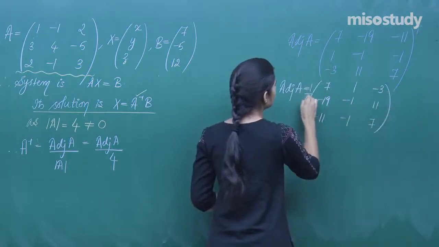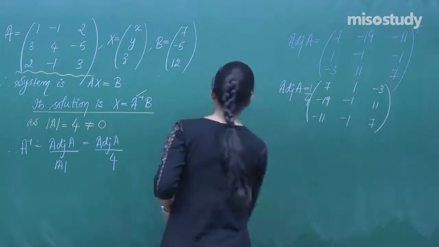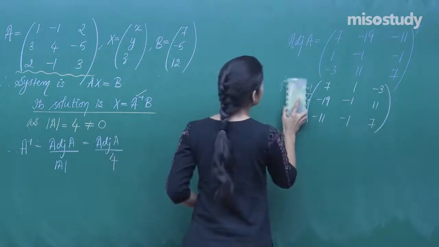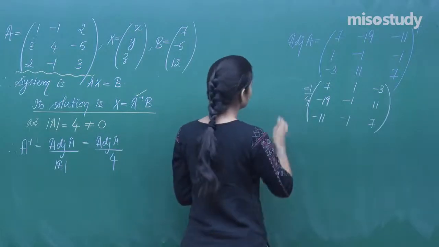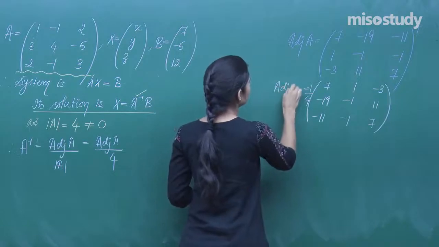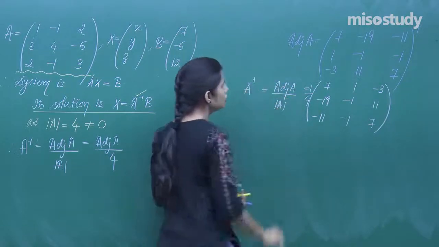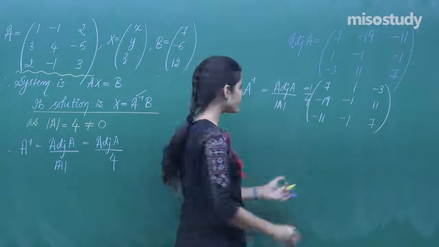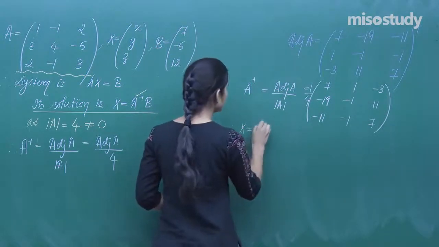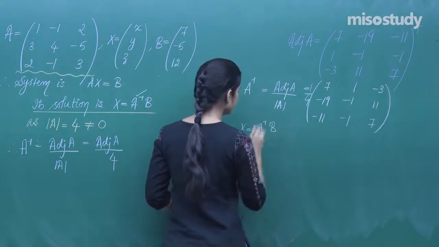And when you write 1 by 4 over here, this becomes the adjoint of A upon the determinant of A, which is A inverse.